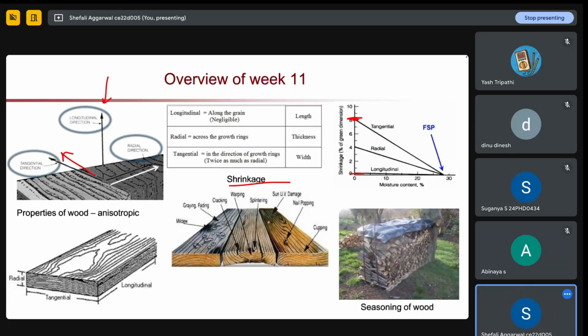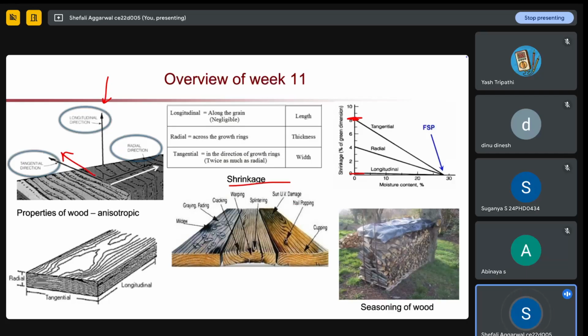If you remember the definition of shrinkage, shrinkage means, anybody want to tell? Shrinkage means when there is a loss of water, how your material will shrink.